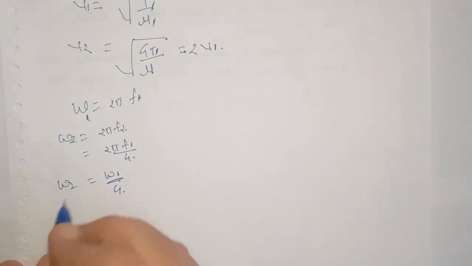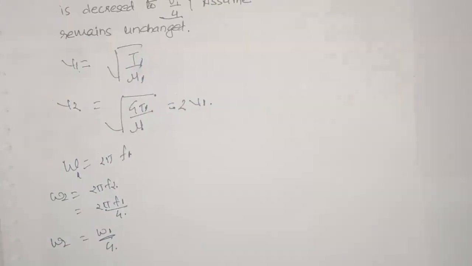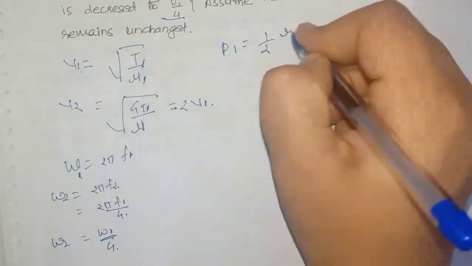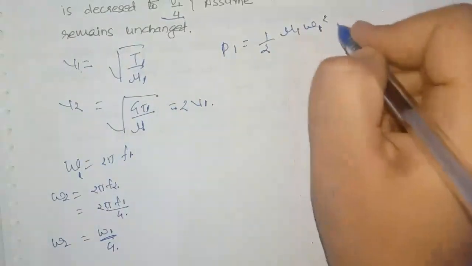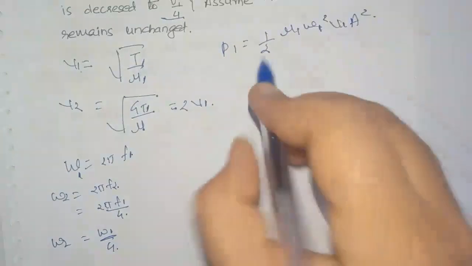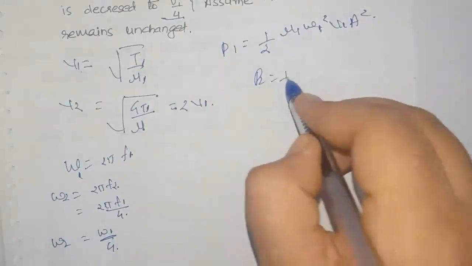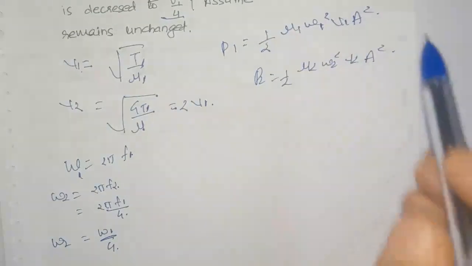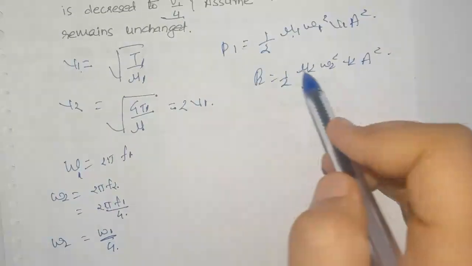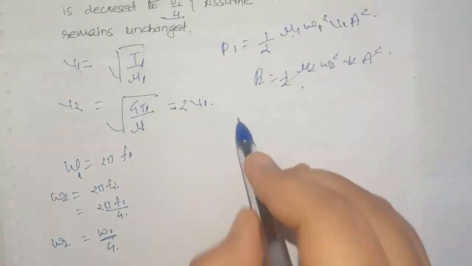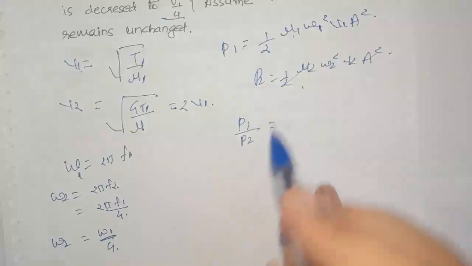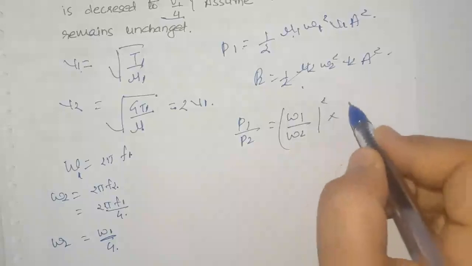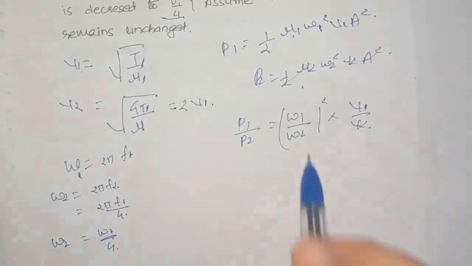Now, the power P1 is given by half mu1 omega 1 square V1 A square, and P2 will be half mu2 omega 2 square V2 A square. Mu1 and mu2 are the same, so taking the ratio, this will get cancelled out. So P1 by P2 will be equal to omega 1 by omega 2 whole square into V1 by V2.